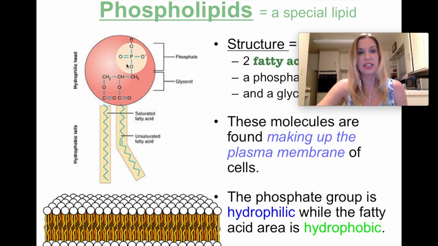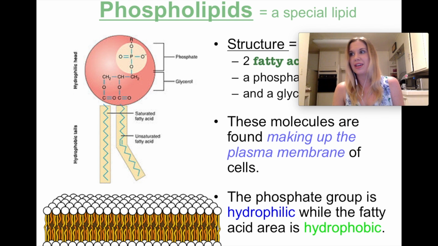The phosphate group has a little negative charge on that oxygen. That charge creates a polar section of the phospholipid. Since it has a charge, that section is going to be very hydrophilic. It's going to be water loving.